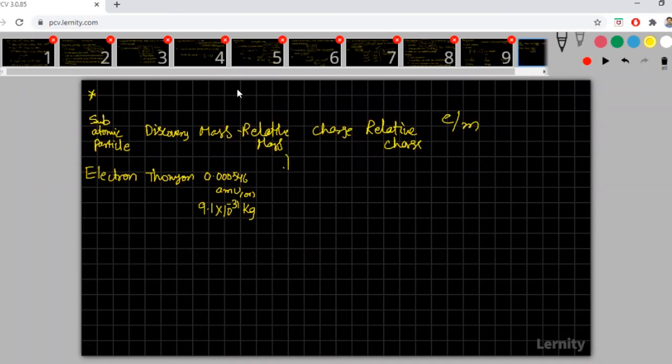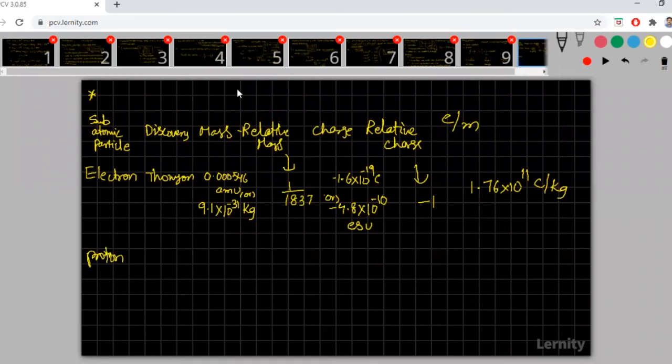Relative mass is 1/1837 times. Charge is -1.6 × 10^-19 coulombs or -4.8 × 10^-10 ESU. What is ESU? Electrostatic unit. Relative charge -1. What is the e/m value? 1.76 × 10^11 coulomb/kg. This is about the electron.